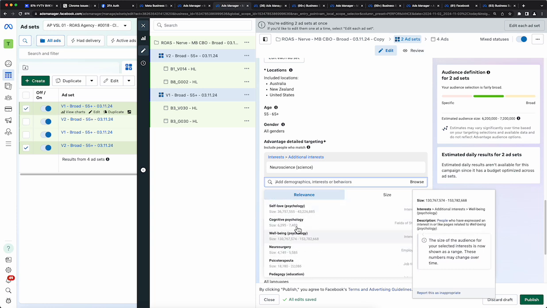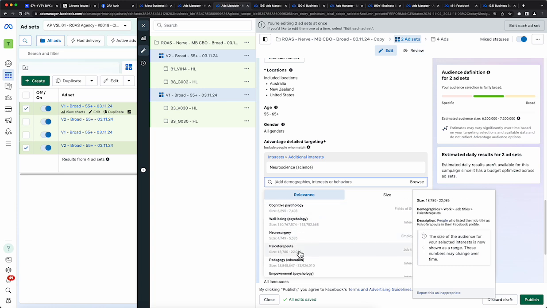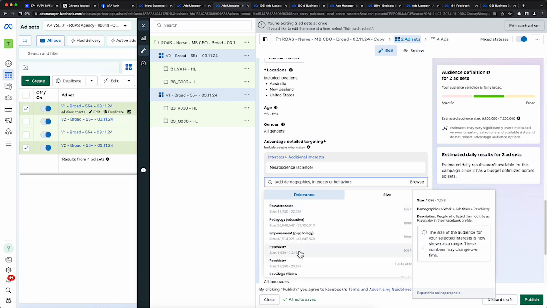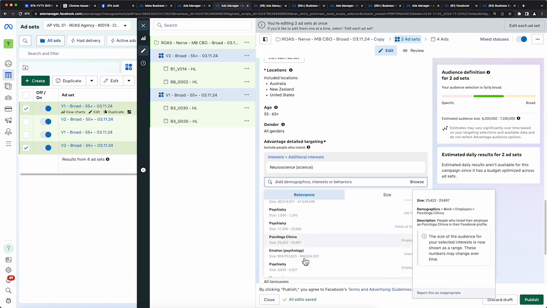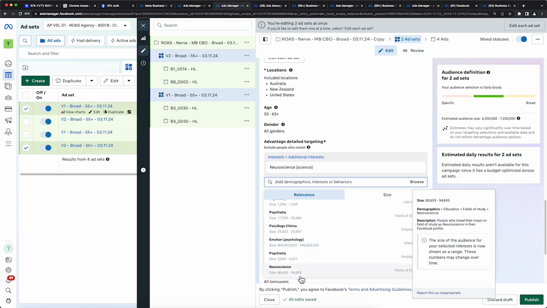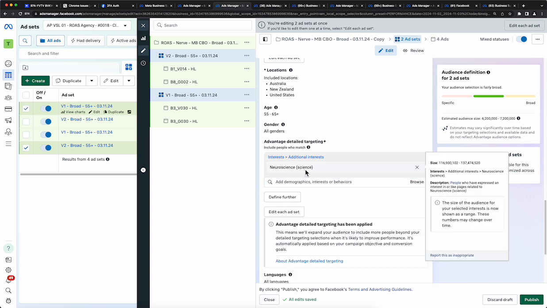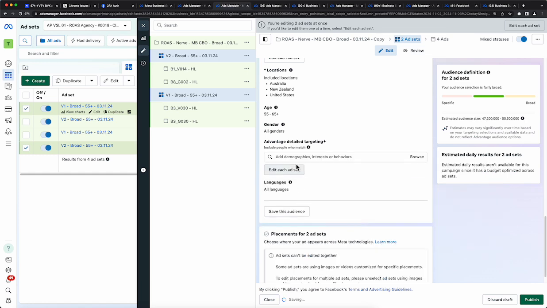This is more to do with the emotional state, psychology, psychiatry, emotion. That doesn't really do it for me. There's nothing really there that I think would be worthwhile.